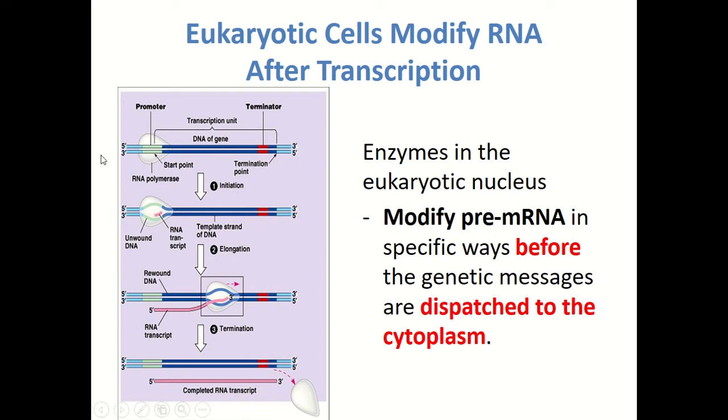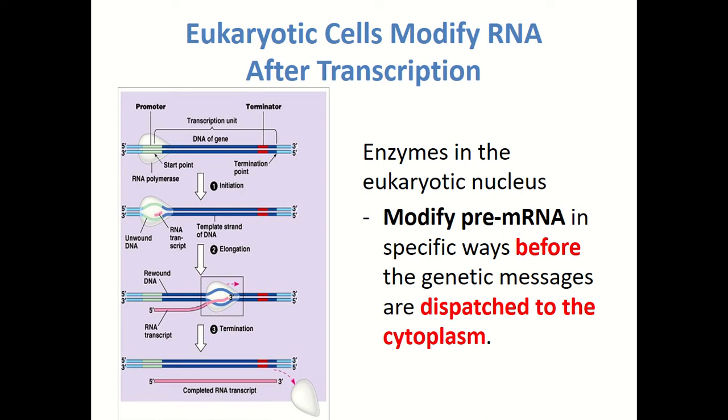And remember, the mRNA transcription process produces an RNA transcript, and this RNA transcript is known as the pre-mRNA, not the mRNA that will be used later in the translation process.